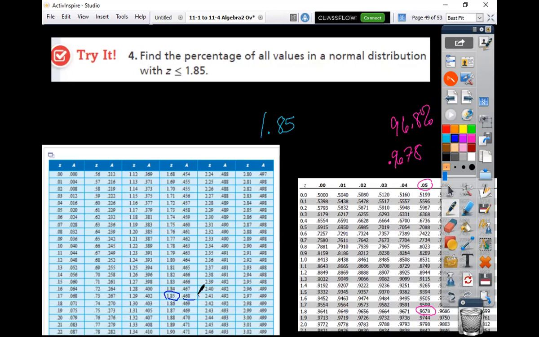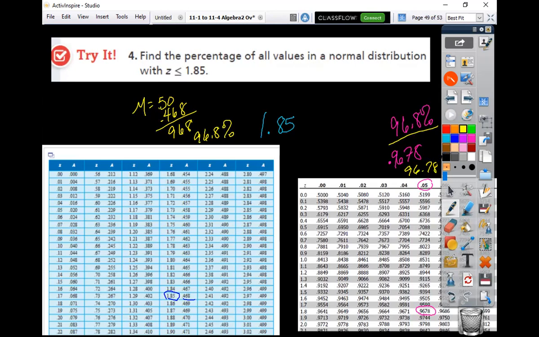Knowing your mean is the 50th percent, and this is above the mean, so that's how much to add on, the 468. That's where you get the 968 here, so 96.8%. They just took it out one more decimal over here, 96.78 if you wanted to be a little more accurate. So that's how you read those two tables, and that would be the percent.